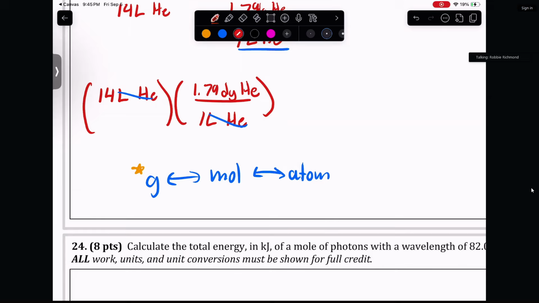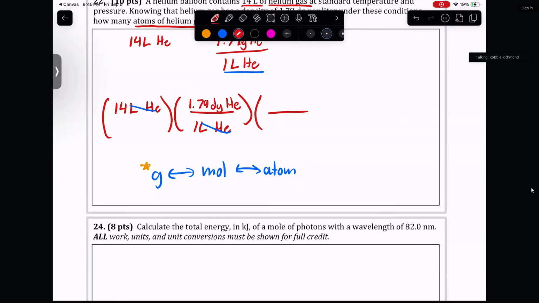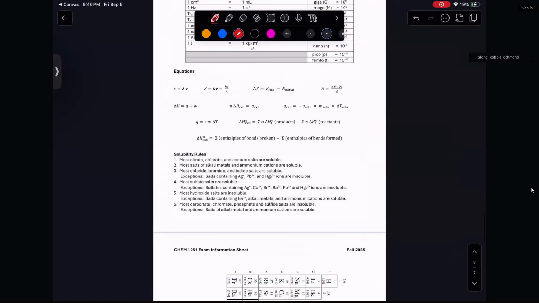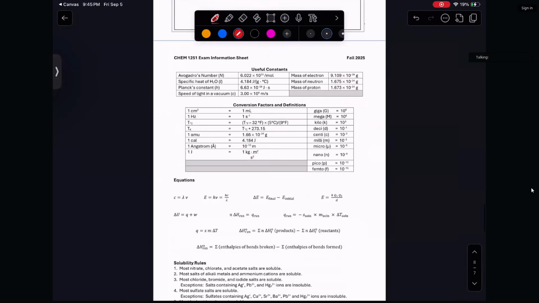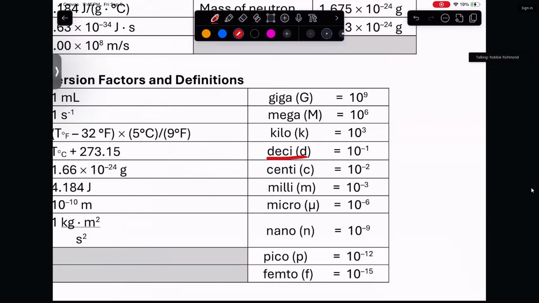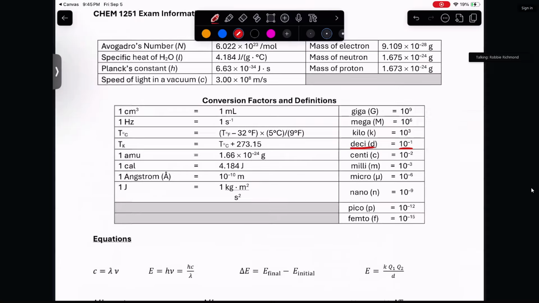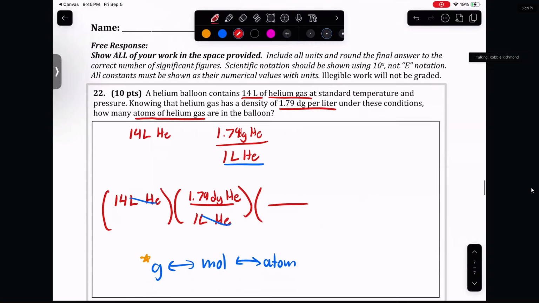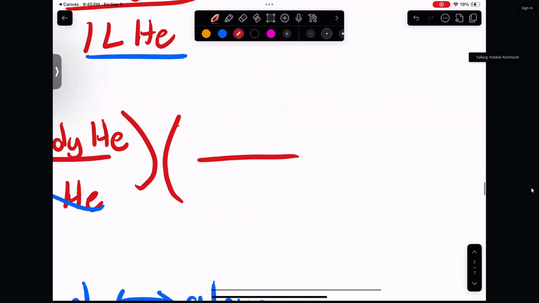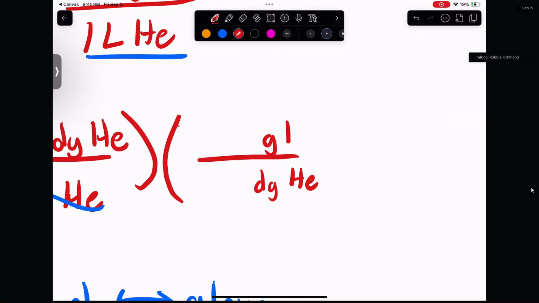Okay, well, first order of business is to convert the decigrams into grams, and for that I will go to my exam information sheet and figure out what decigrams means. Cool. So deci means 10 to the negative 1. So when I see this, a lot of people are confusing decigram or just any of these conversion factors found in the exam information sheet and flip-flopping them.